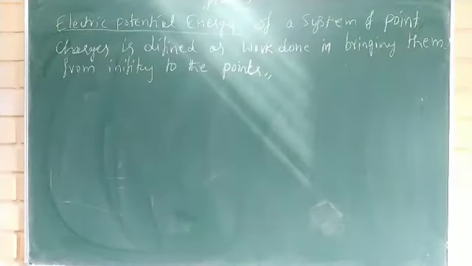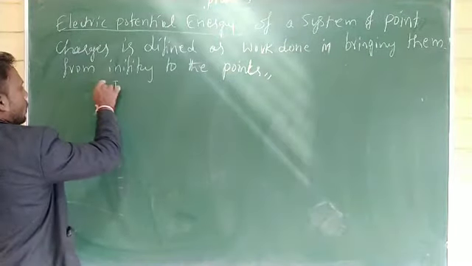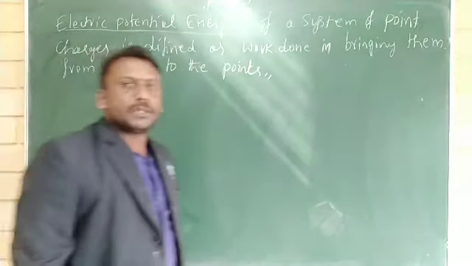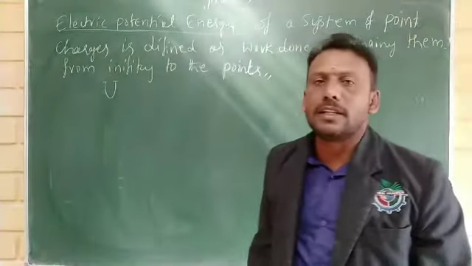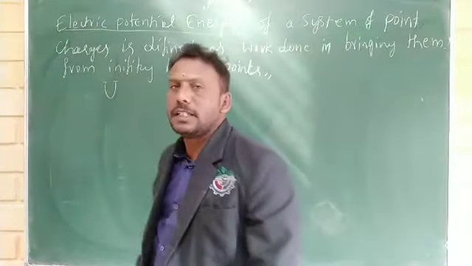It is called electric potential energy. It is denoted by symbol U. What is the SI unit of energy? Joule. SI unit of energy is joule.